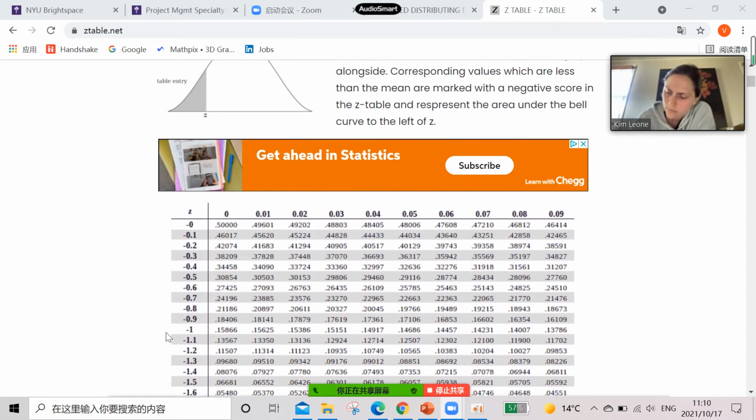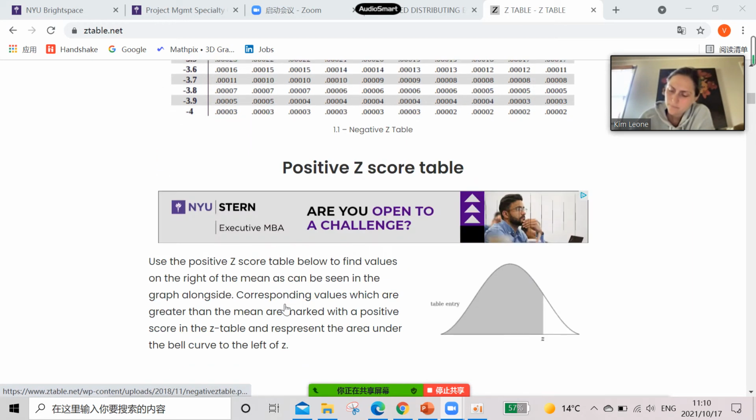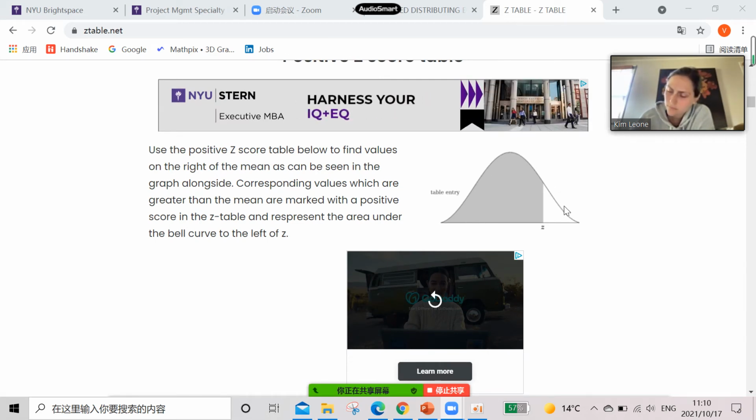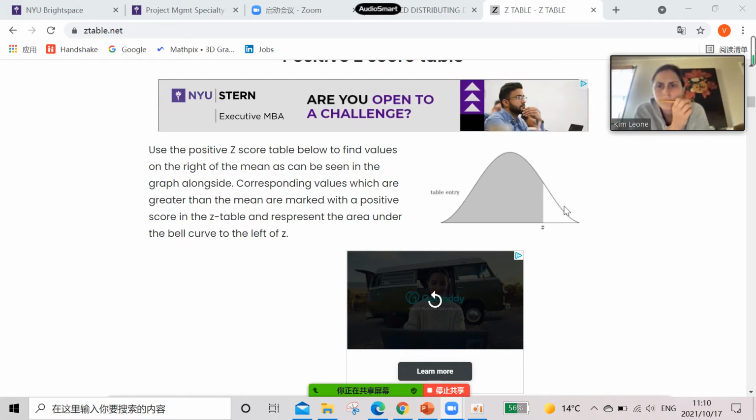But a lot of times in the textbook or a cheat sheet, you only have one Z distribution, which is this one. But you have to notice that the Z distribution is symmetric. So the probability of Z less than negative 1.2 is the same as the probability of Z greater than positive 1.2.